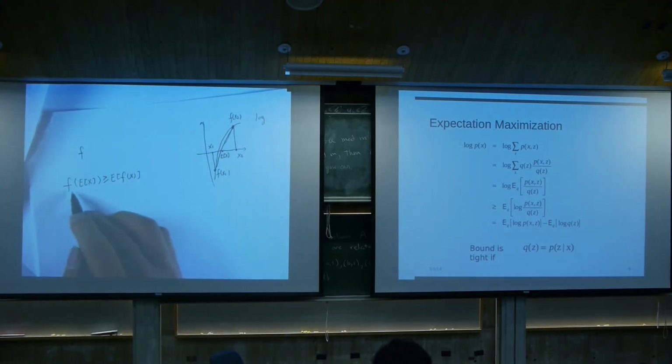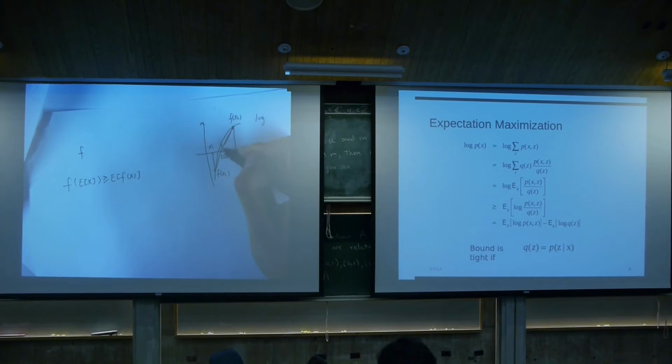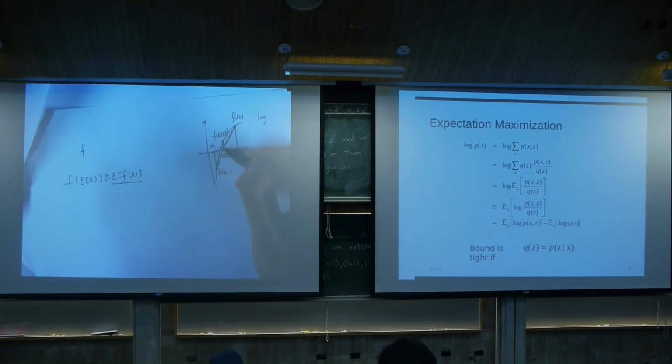So what Jensen's inequality says is that f(E[x]), which is here, this value must be larger or equal to this value. It's kind of messy here. This is the expectation of f(x).